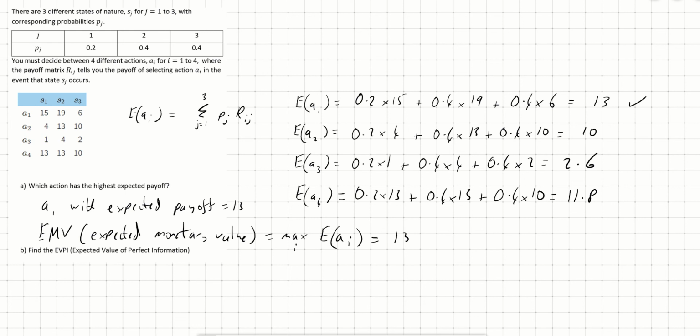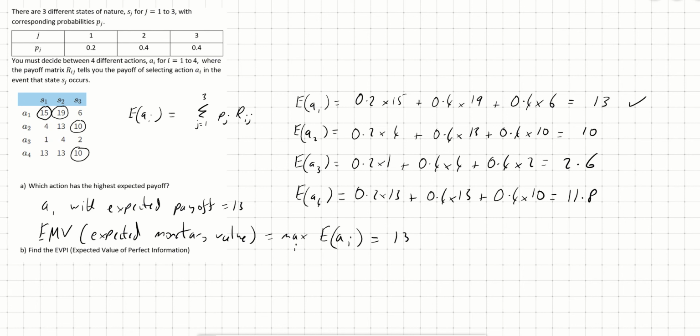So each time we can choose the best action. So if the world's in state 1, we would just choose action 1 because that has the highest value in the first column. If the world's in state 2, we would just choose action 1 again, because that's the highest value in the second column. If the world's in state 3, it doesn't really matter whether we choose action 2 or action 4, because they each have the maximum value in the third column.